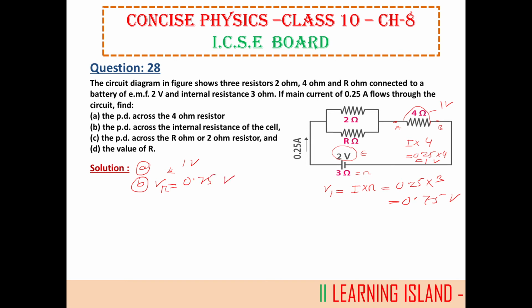Now question number C, the PD across the R ohm or 2 ohm resistance. Now we have to find out the potential difference here. So how will you find it out? Here you see, the total voltage here would be, this is the 2 ohm.